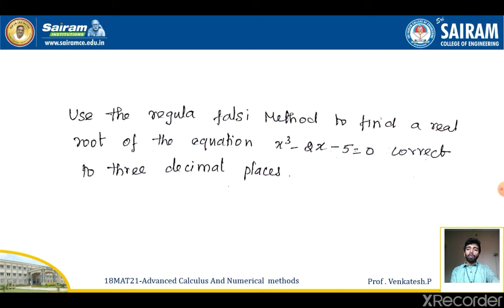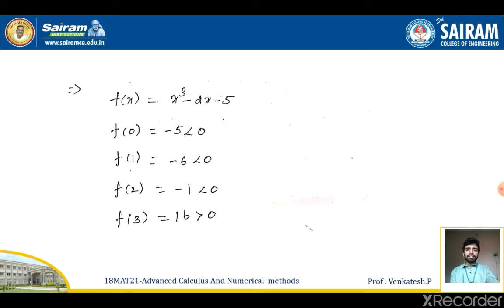Here the problem is: use the regula falsi method to find the real root of the equation x cube minus 2x minus 5 equal to 0, correct to 3 decimal places. Same thing here, take the function as x cube minus 2x minus 5, and start replacing x equal to 0, 1, 2, 3 and so on.